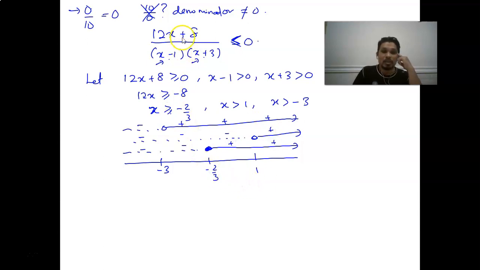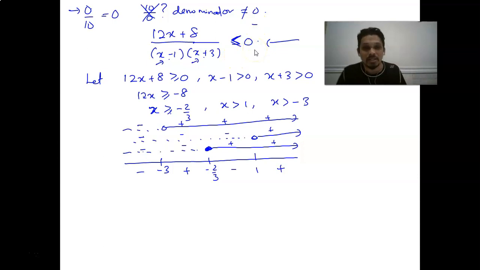Divide or multiply is all the same for both multiplication and division: multiply with negative gives positive, divide by negative gives negative. Referring back to this question, the whole rational function is less than or equal to 0. Less than means a negative value, because a negative value is always less than 0.